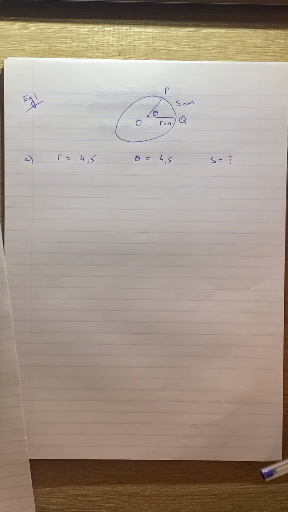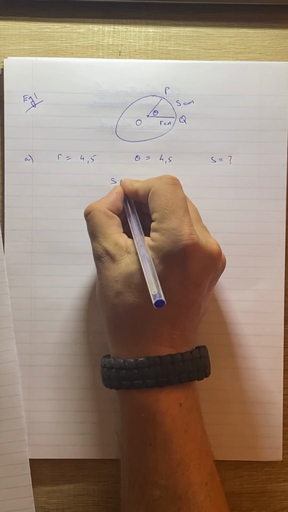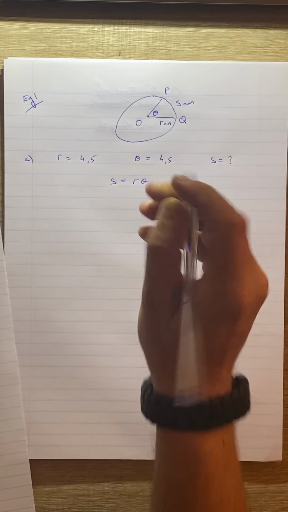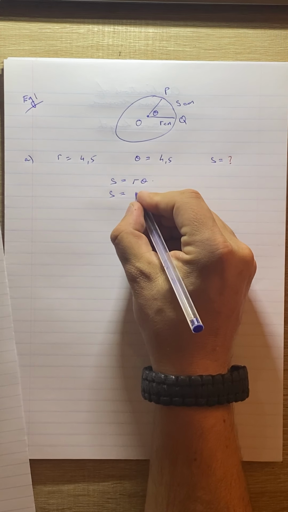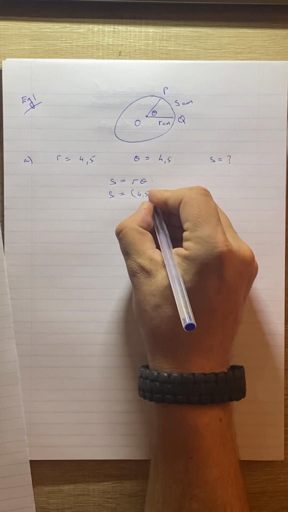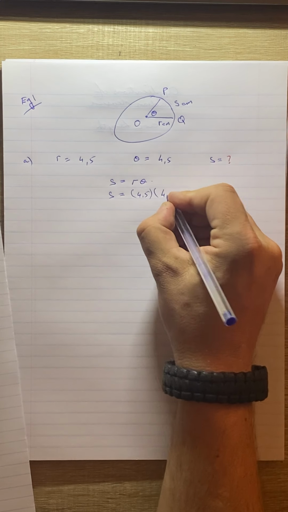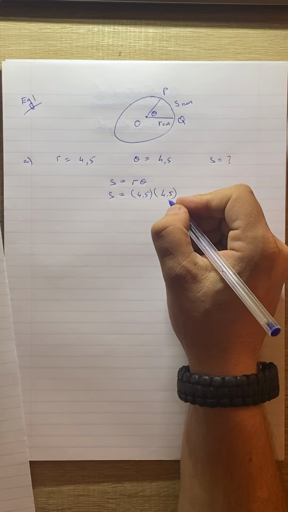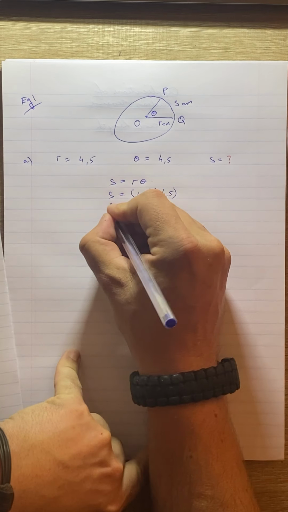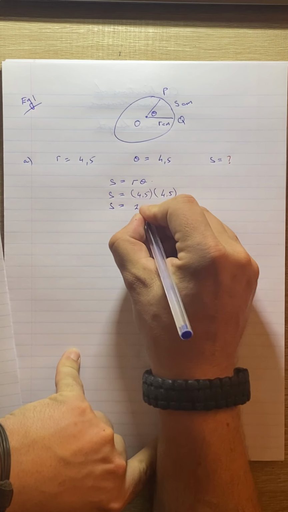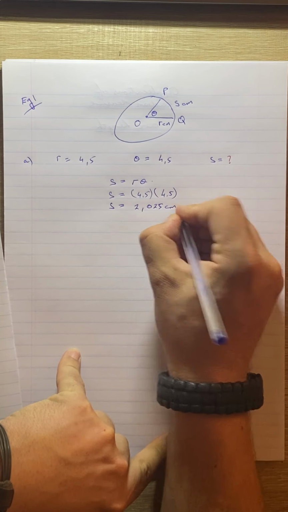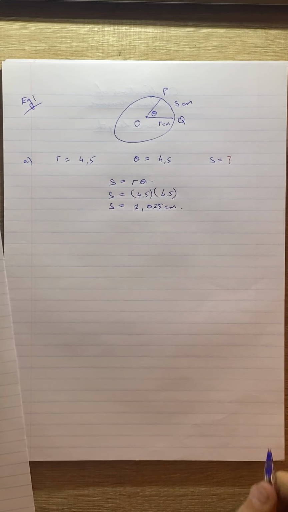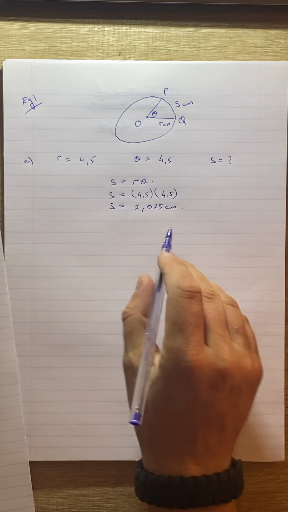So S is equal to R theta. Simply just plug in your values here. So you get S is equal to R is 4.5 multiplied by theta is 4.5. And if you put that on a calculator, you will get 20.25 centimeters.